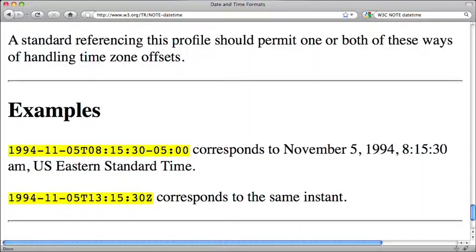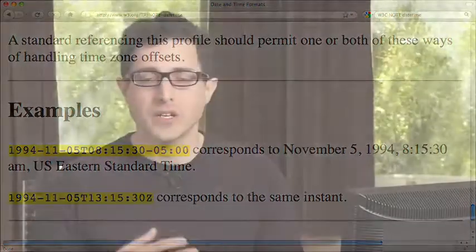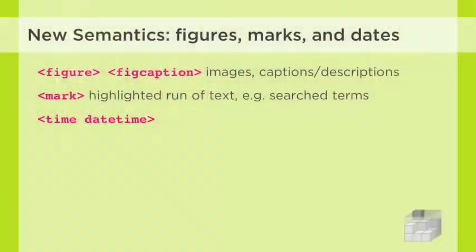Specifically, when you mark up a time and a date in the ISO 8601 format, it's oftentimes not the most readable thing. And so the time element was created to separate out the human readable version of the date and time and the machine readable version so that we could mark these up without interfering with the user experience at all. However, it's got some limitations, and those have been documented.